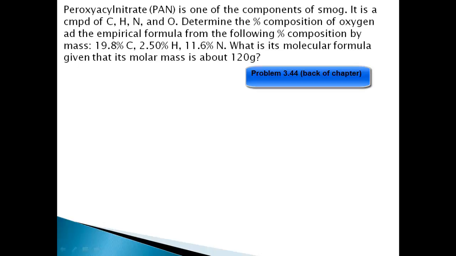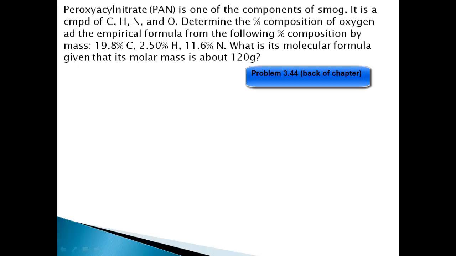We need to determine the percent composition of oxygen and the empirical formula from the following percent composition by mass. And then they give me all the percents. Once we're done with that, then I need to find the molecular formula given that the mass is about 120 grams. I hope you notice this is exactly the same type of problem.